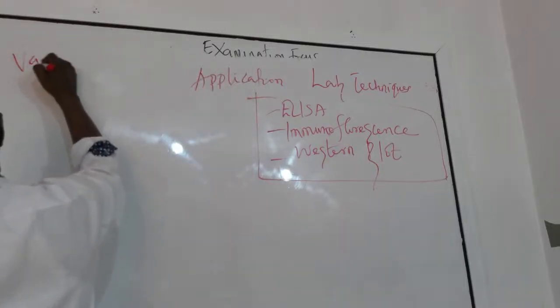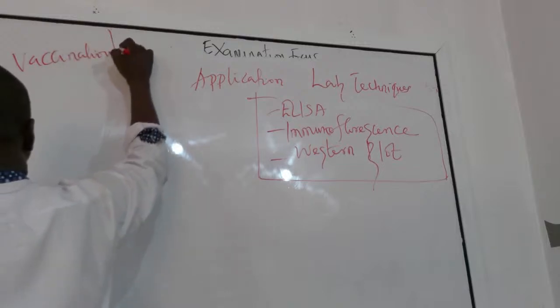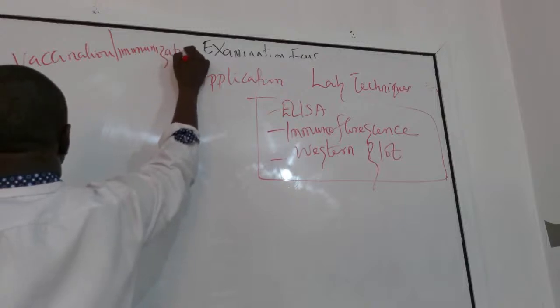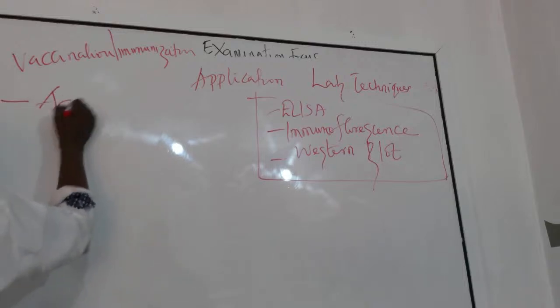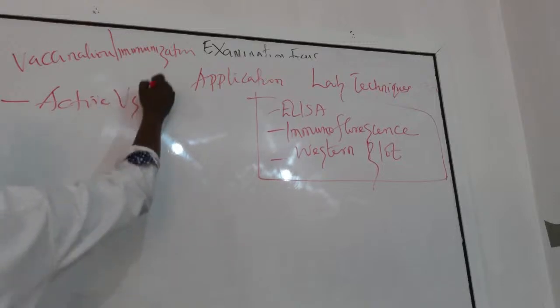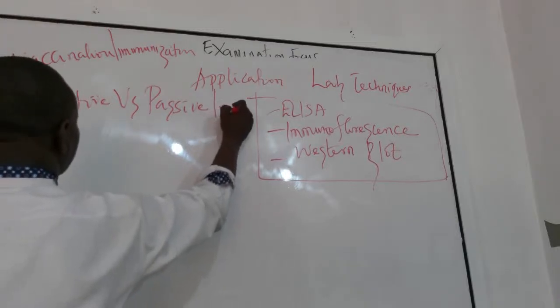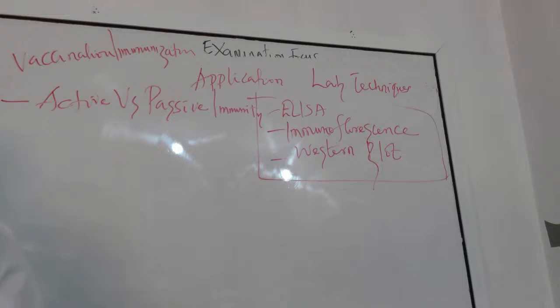Okay. So now number seven is vaccination. What do we understand by vaccination and immunization? What are the techniques? What are the basis of this? You should be able to focus on active immunity and passive immunity. What do we mean by them? So please, you have to read more and focus more on this.